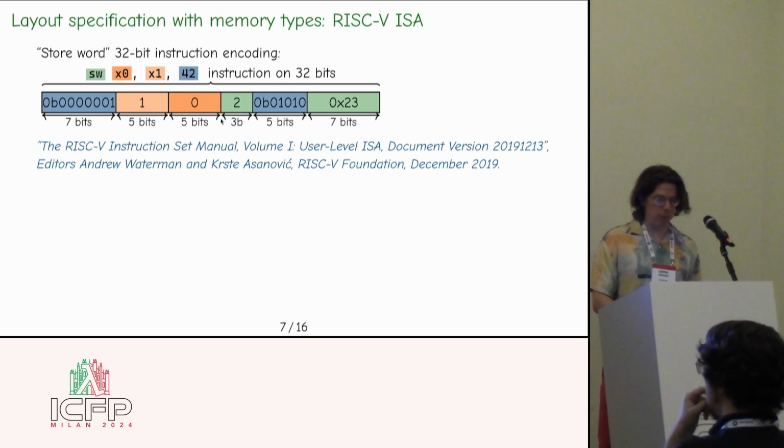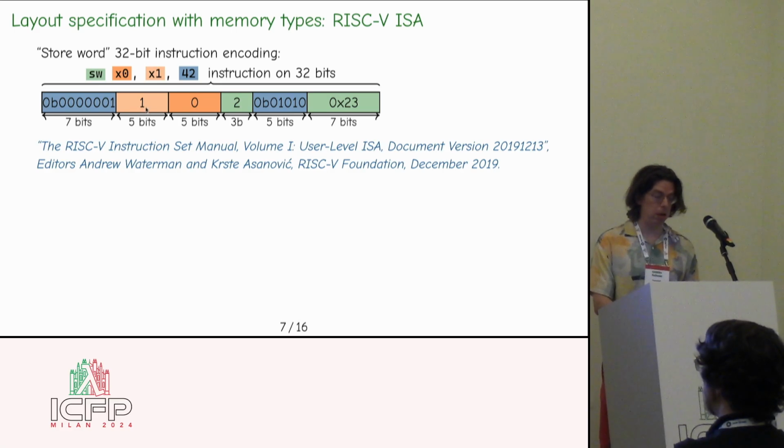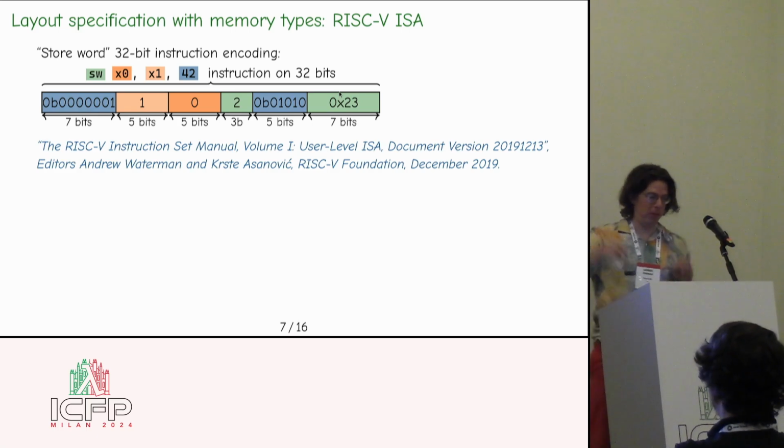And it's going to be represented like this. The x0 is put somewhere in the middle. The x1 is put somewhere here, before the other argument. The fact that it's a store word instruction is split into 2 parts. 1 bit is here and 1 bit is here. So we have 2 pieces.